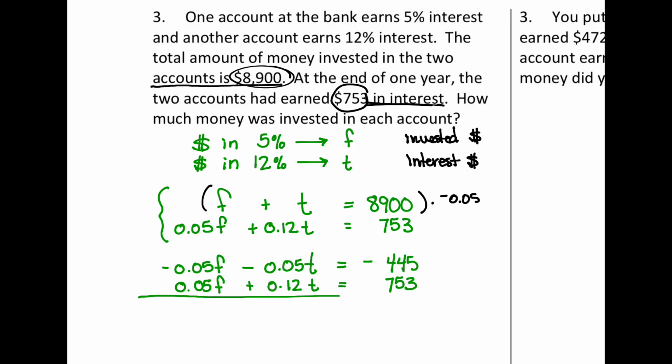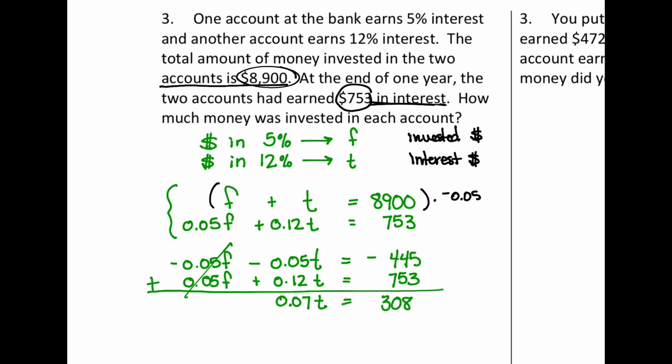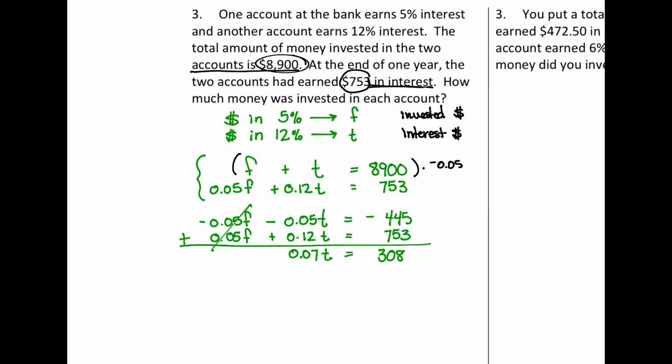Now I'm going to add it up so that the f terms cancel. So now I get 0.07 times t is equal to 308. Divide by 0.07.